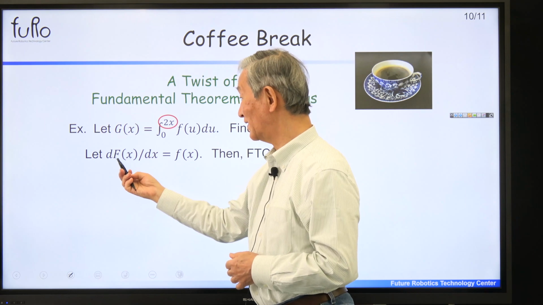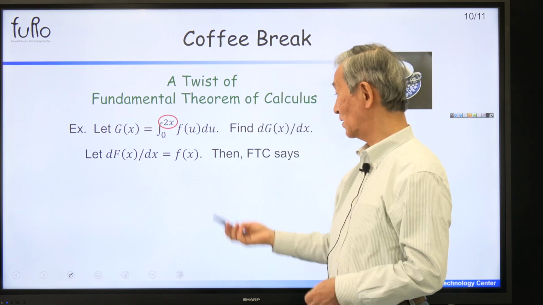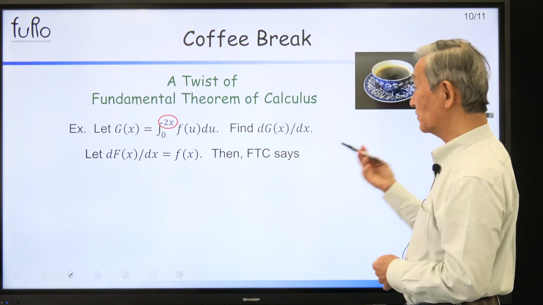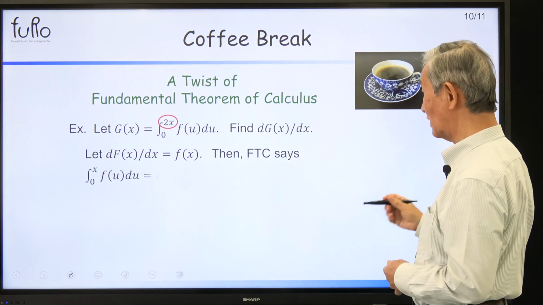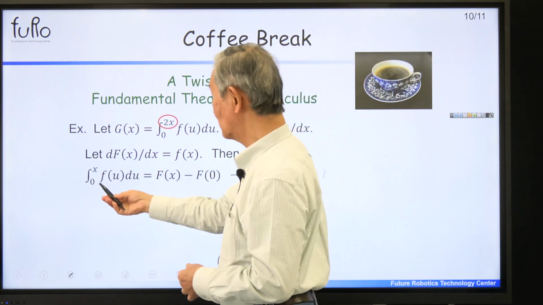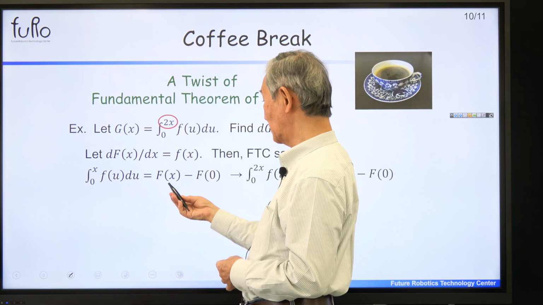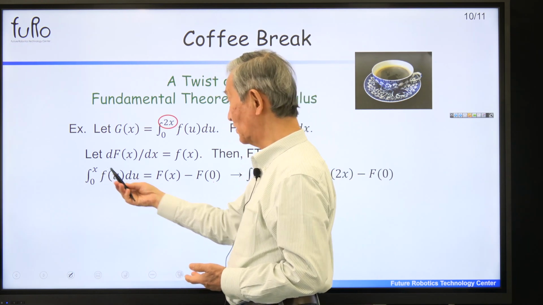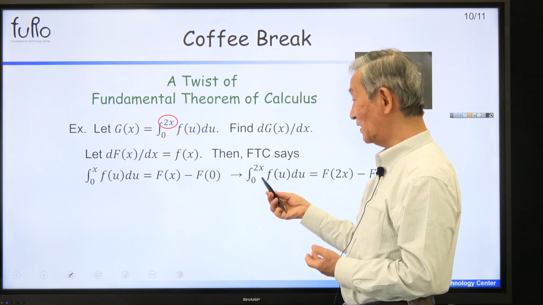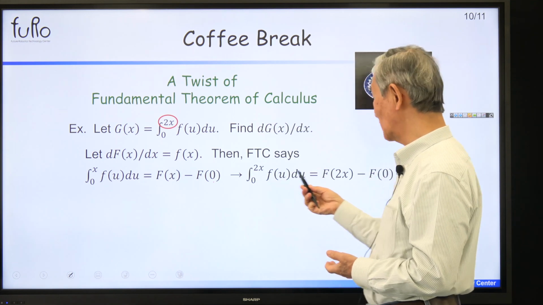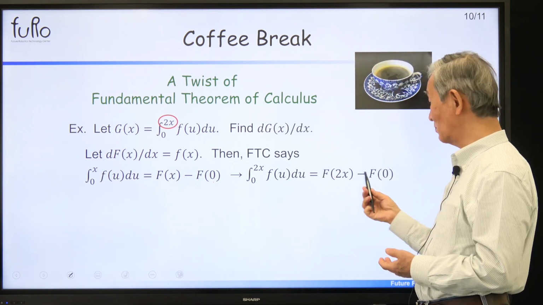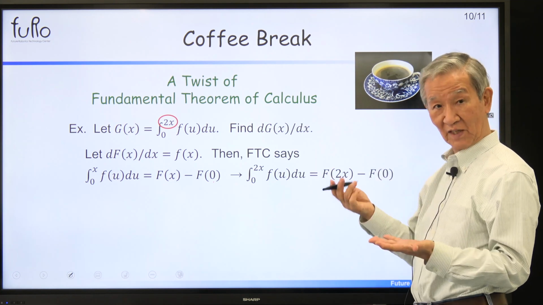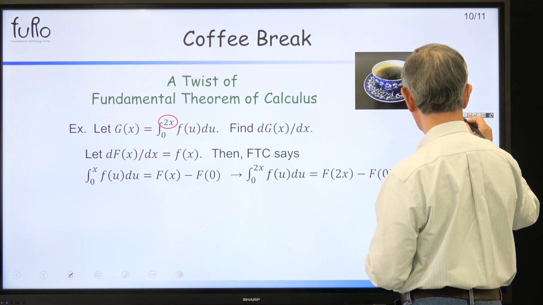If I let dF(x)/dx be small f(x), then the fundamental theorem of calculus says that if you integrate this from 0 to x, you get F(x) minus F(0), because you are integrating from 0 to x. So if you integrate from 0 to 2x, you get F(2x) minus F(0), naturally. Okay?